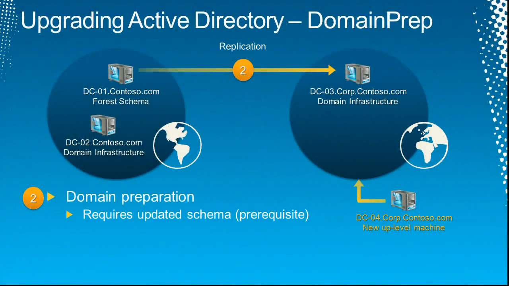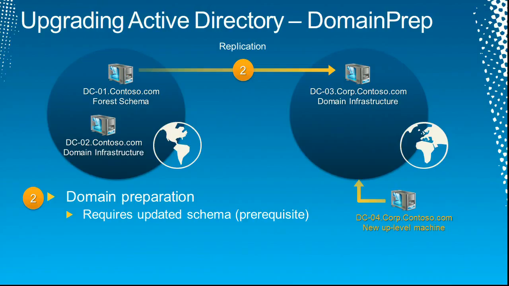Now, the second step that you need to follow is run domain prep. The requirement for this process is that you need to run domain prep on the domain infrastructure master of the domain that you want to prepare to introduce that domain controller.